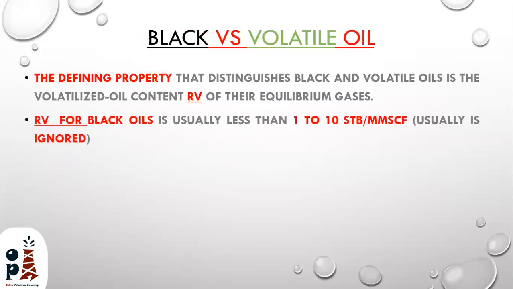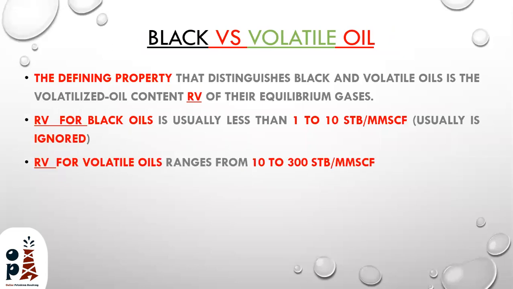To differentiate between the black and the volatile oil in the industry, the difference between black oil and volatile oil depends on the RV. RV represents the amount of oil associated with the separated gas. So if the gas separated by the production facilities has about 1 to 10 standard oil barrels per million standard cubic feet, it is a black oil reservoir.